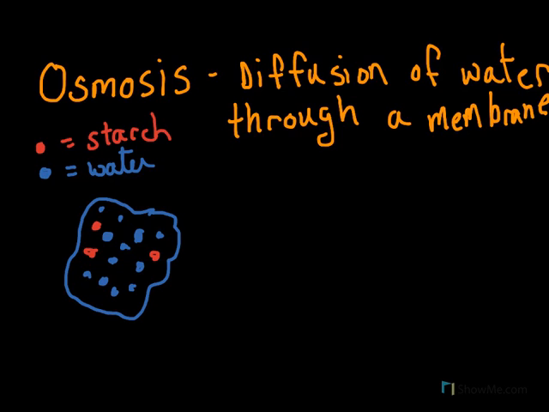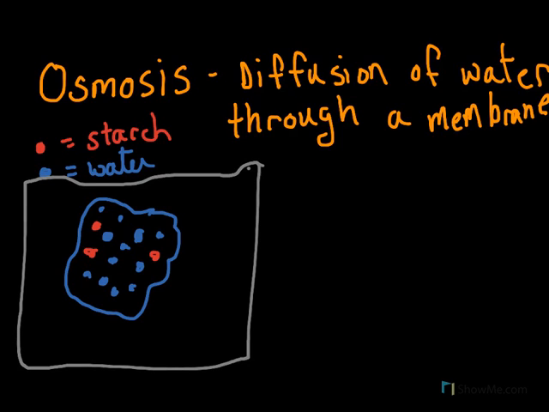Okay. All right, well, let's see. We have to put this cell in a solution then. So let's draw in a beaker. Okay, and in this beaker, there's going to be a certain concentration of water. So basically we place the cell in a beaker of water, and you can see that the water molecules are more spread out outside the cell.